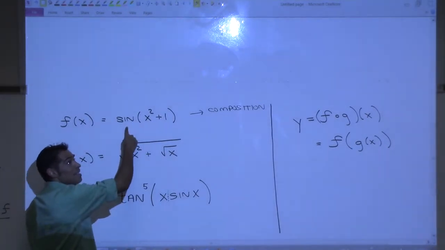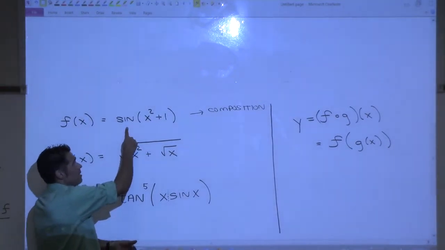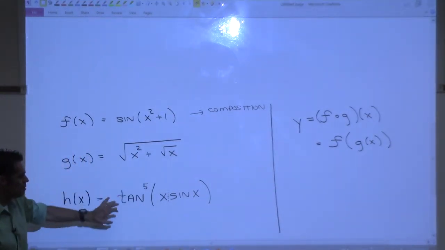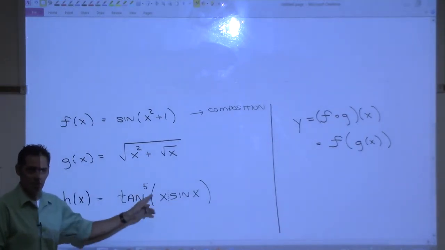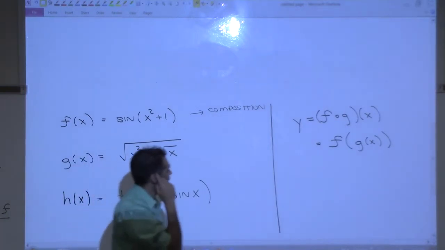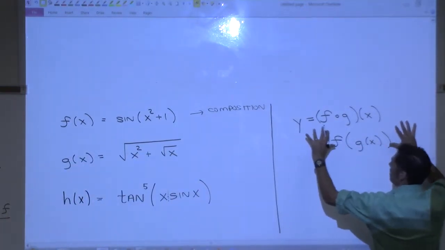Sine of x. Sine is the outer function, so that's f, and then the g function would be this piece, yes? Okay. These two are a little more complicated. This is like triple composition, a function and a function and a function, so there are three layers to it. So let's say we have this, right?